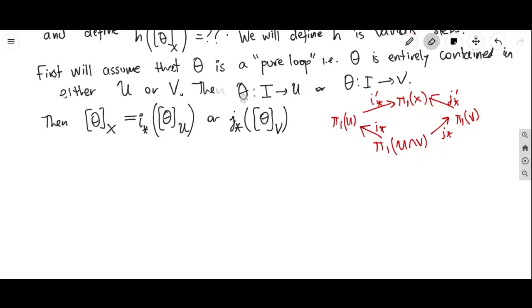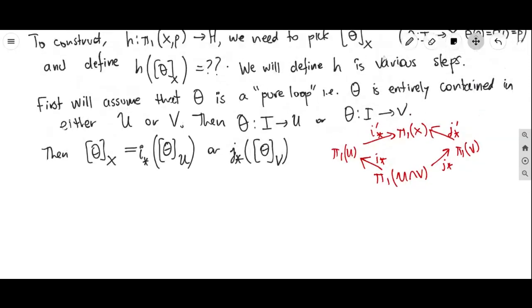Okay, so if theta is a loop in U, then the homotopy class of theta in U is in here. But you want to get something in here, right? This is an element of the fundamental group.